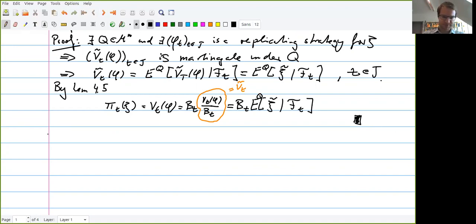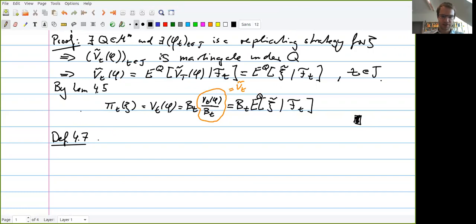But it's rather unrealistic that every claim is replicable. Because if everything can be replicated, you can always represent any option on the market by trading in the market. So if you buy an option, this just means someone is doing the trading for you. So it's actually more realistic to assume that not every option is really replicable.